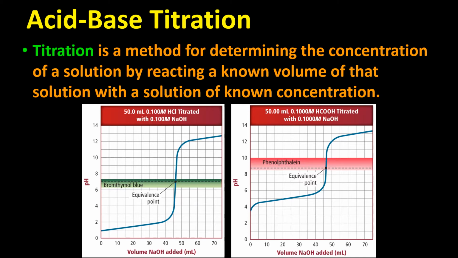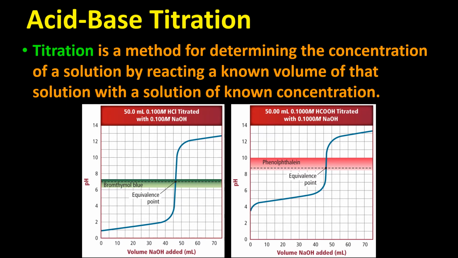So the two graphs below, let's look at the left one first. Here what we have is HCl reacting with NaOH. So what we have here is a certain volume of NaOH that's added, and you can see that that's going across the bottom. So the pH is on the vertical axis.